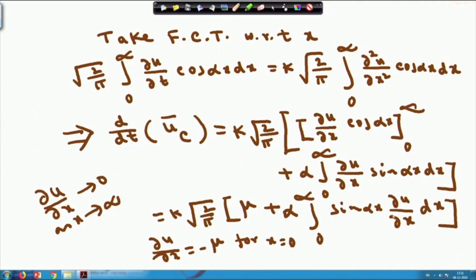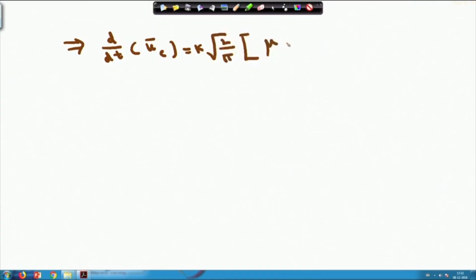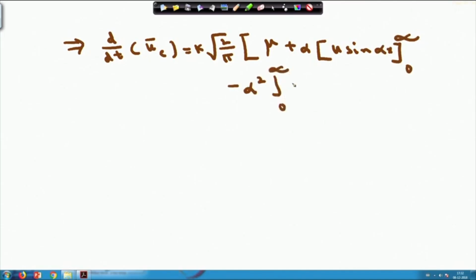Once I get this, I can again write d dt of u bar c equals k into root over 2 by pi mu plus, again breaking the integral by parts, u into sine alpha x from 0 to infinity minus alpha square into integral 0 to infinity u cos of alpha x dx.